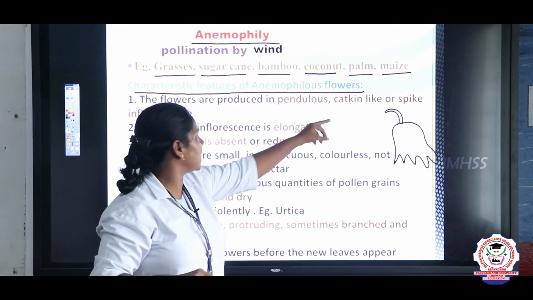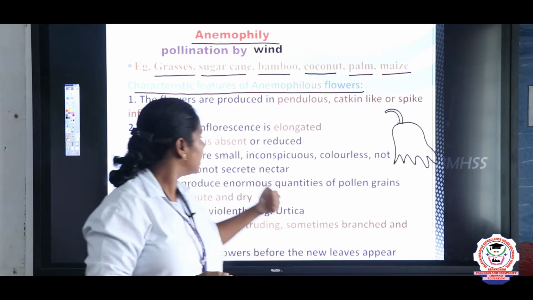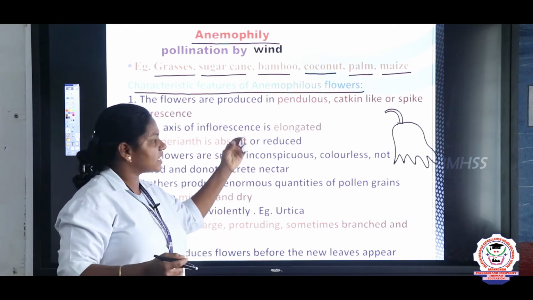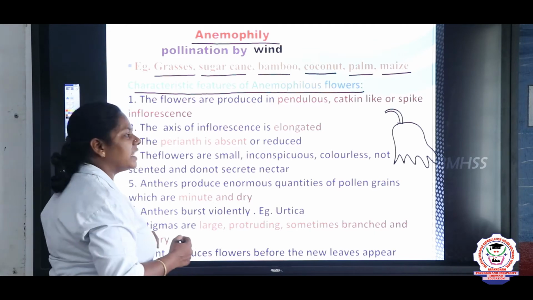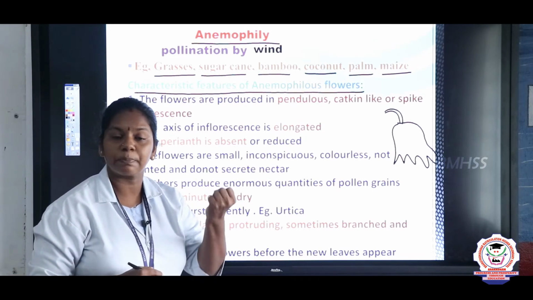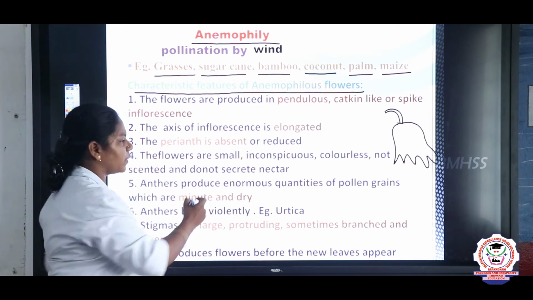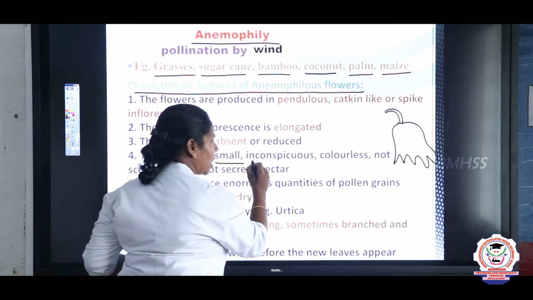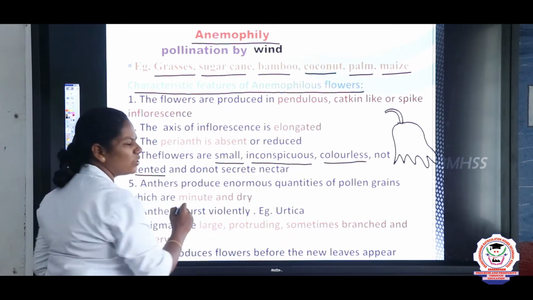Pendulous, catkin or spike inflorescence, they usually hang downwards, and the axis of the inflorescence is elongated so that the flowers bend downwards and the perianth is absent. In order to expose the floral parts outside, the perianth is reduced or mostly absent, and flowers are very small, inconspicuous, colorless, not scented and do not secrete nectar.